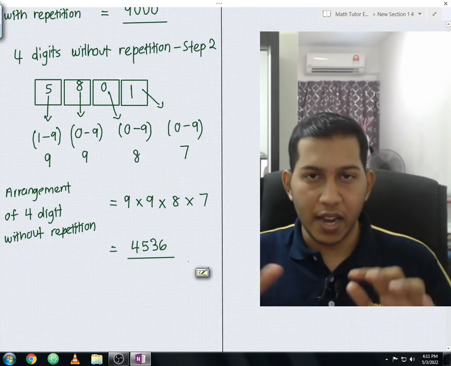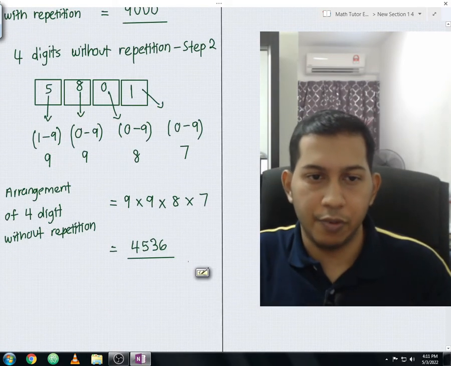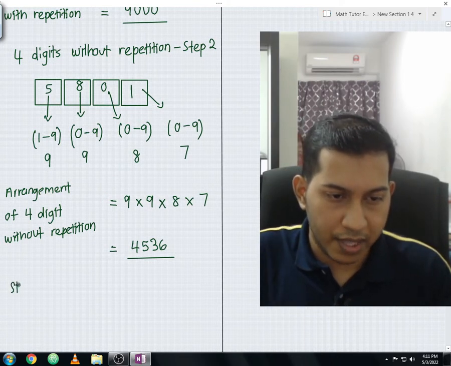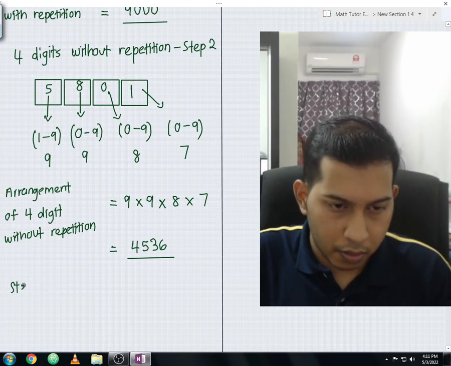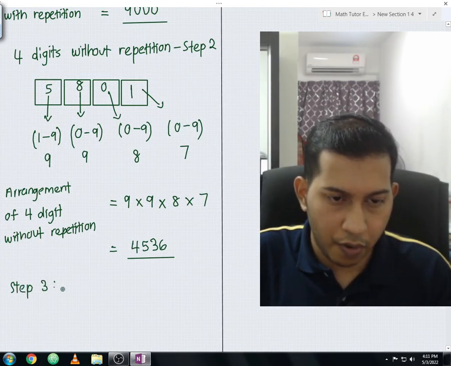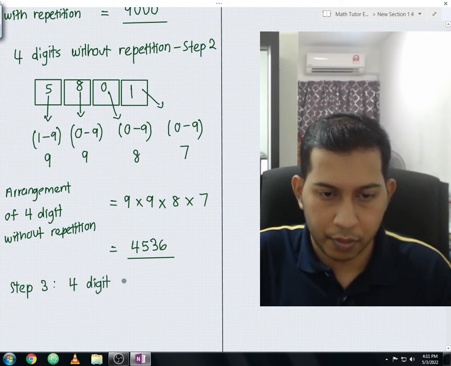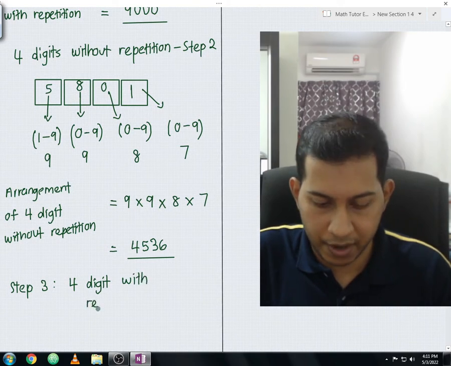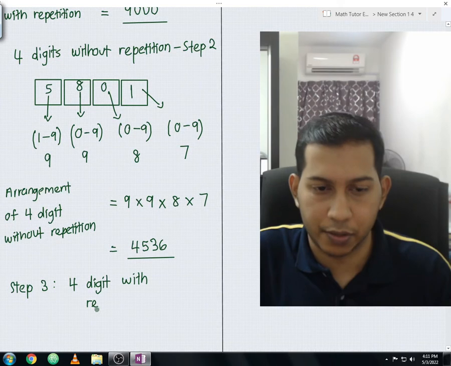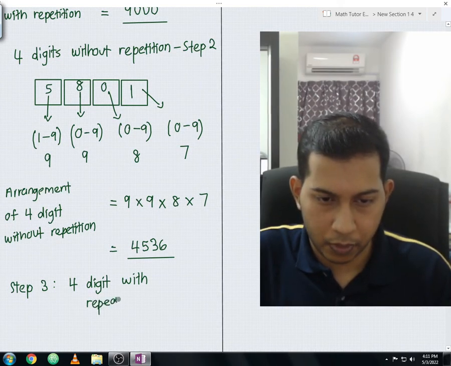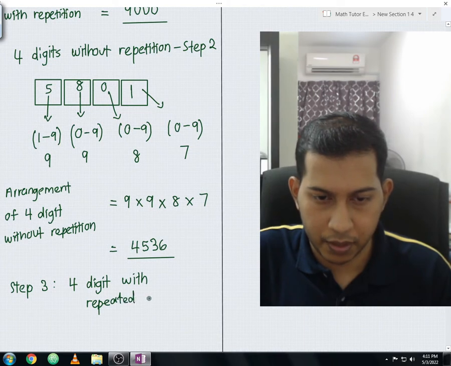Now once you finish your step 2, you proceed to the last step. Step 3, find the 4 digit with repeated digits. Sorry, guys, I mean 4 digits with repeated digits.